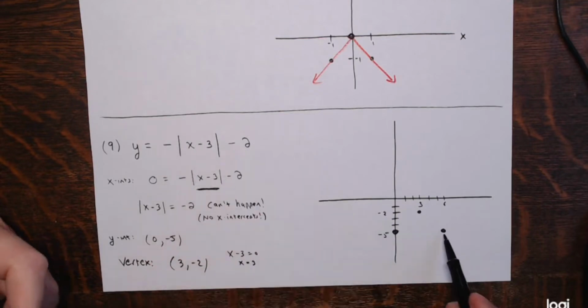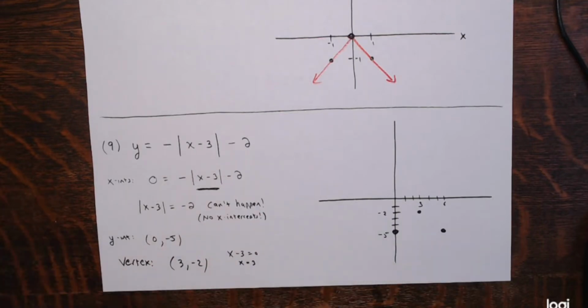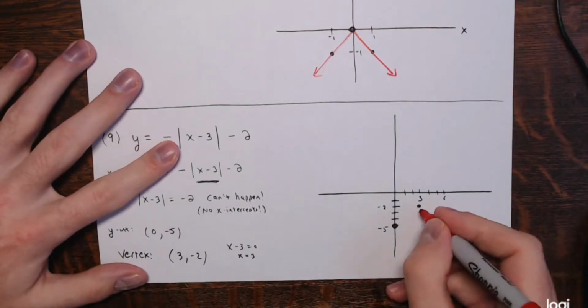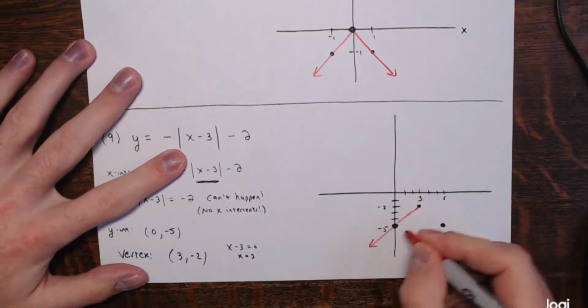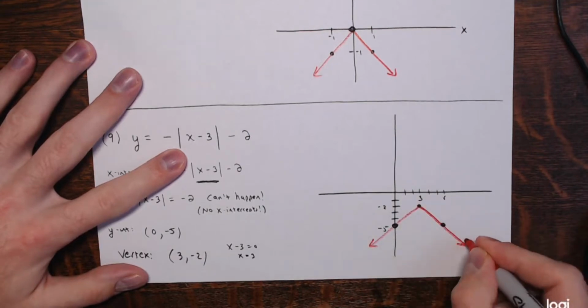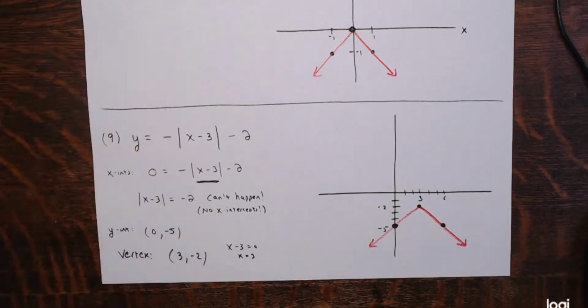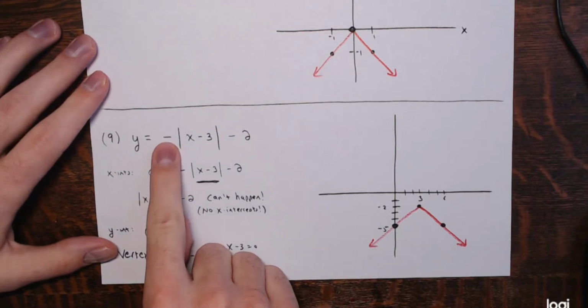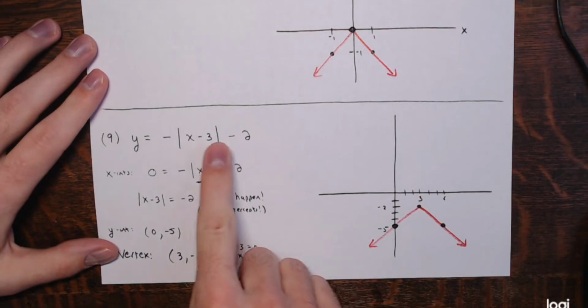So 6, negative 5 would also be on it. And then I draw from the vertex a ray through the points on the left, and then through the points on the right, and there we go. There's the graph of our absolute value function. Now, if I were doing transformations, I'd start with the absolute value of x. I'd reflect it across the x-axis, then move it down 2, and then move it right 3.